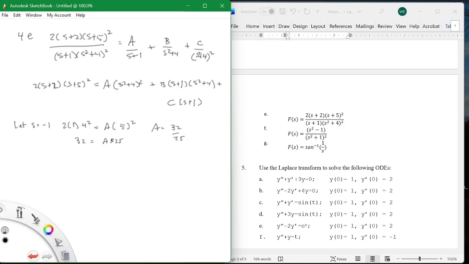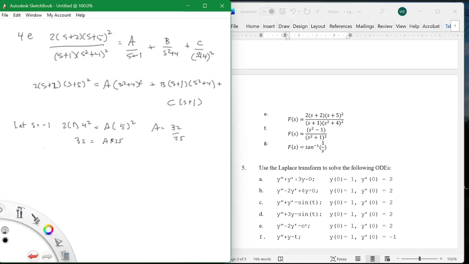This is s squared plus 5. No, it's 2 times 1 times 4 squared. 4 squared is equal to a times 1 plus 5 squared. Yeah, that's right. Okay, that's a.